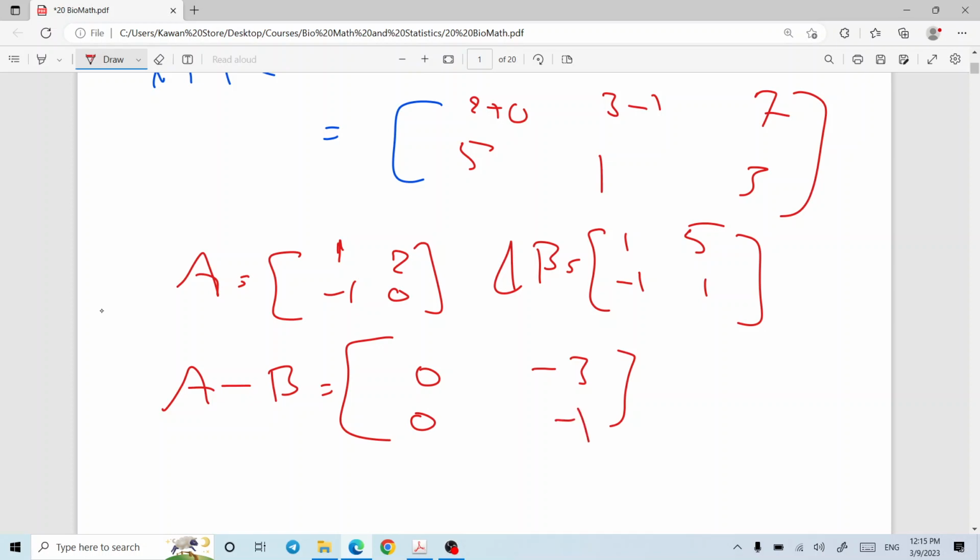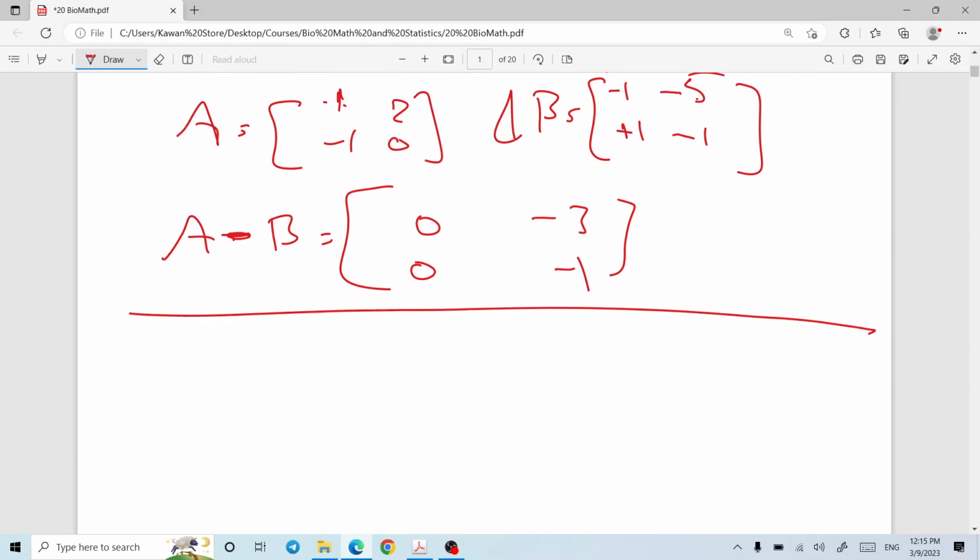Am I right? Why? Because we have minus. So minus means that multiply minus to here and add with there. So you get 0, minus 3, 0 again, and minus 1. Now it's clear? Do you have any question about the step? Understood? Good.